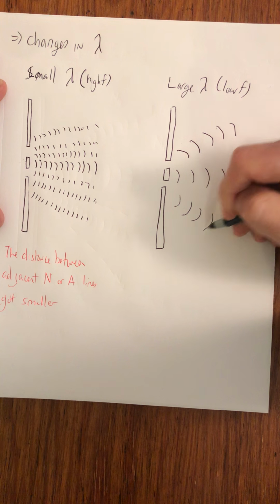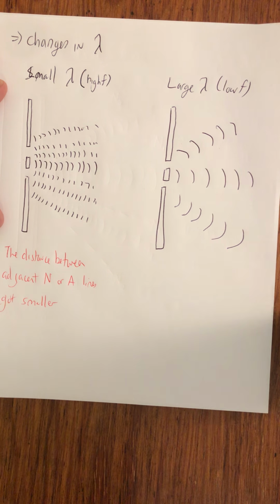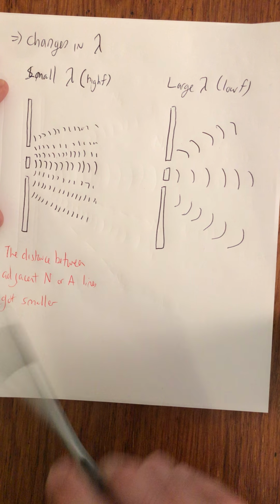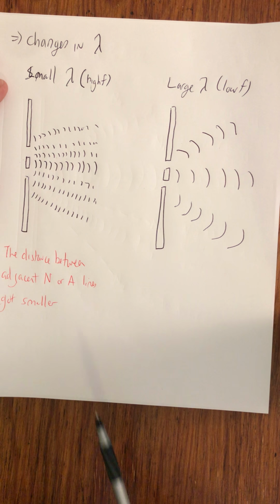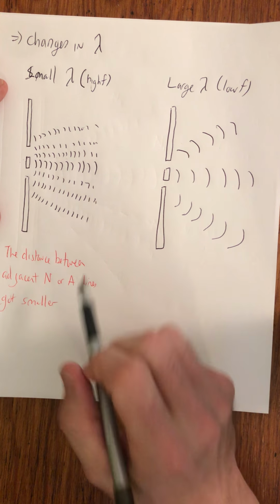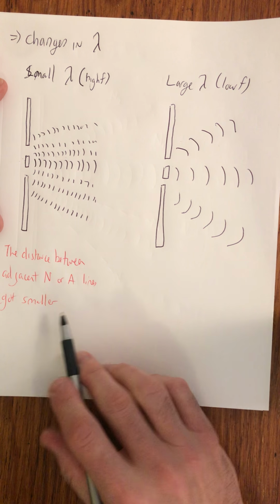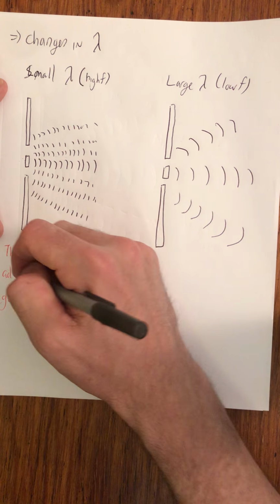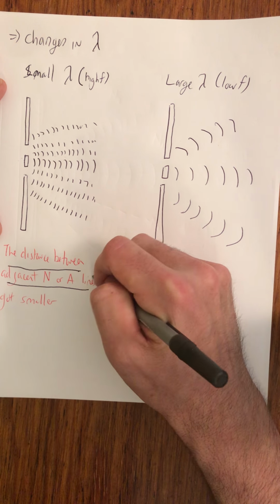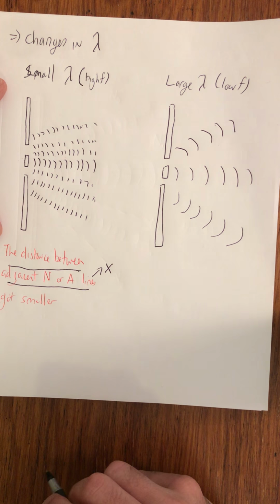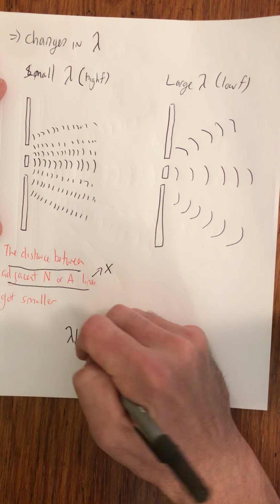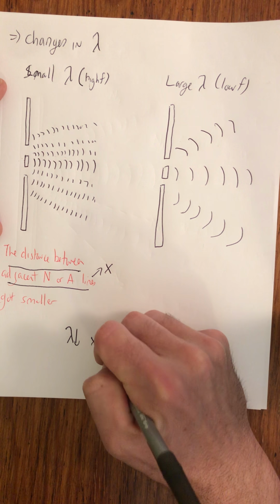Because we'll contrast that with the large wavelength, what that looked like. Here, the distance between adjacent antinodal lines was quite large, right? The lines themselves were a lot thicker, and there were fewer of them. But with small wavelengths, the distance between adjacent nodal or antinodal lines got smaller. So if I call the distance between adjacent nodal and antinodal lines x, as lambda decreased, x decreased.